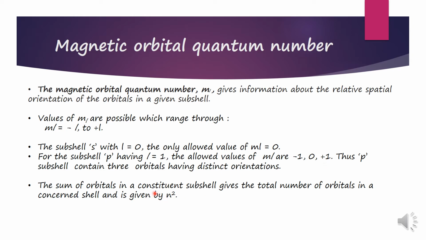And the sum of the orbitals in the constituent subshells gives the total number of orbitals in the concerned shell, which is given by n square. So this is how we determine the magnetic quantum number for the principal quantum number or azimuthal quantum number given in the question.